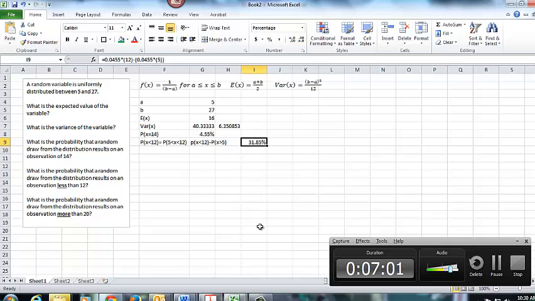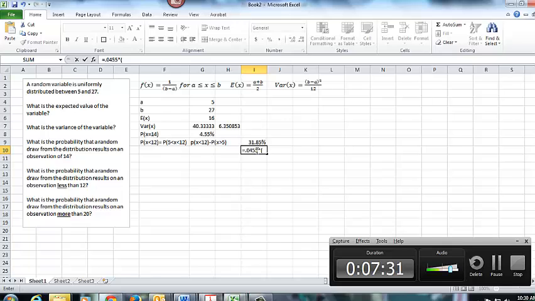Now, I did this as two separate calculations, so I started with the probability that it's going to be less than 12 and subtracted off the probability that it's going to be greater than 5. But note here that probability is the same, so I could just factor out that probability, that 0.0455, and multiply that times the difference between the upper and lower bounds that I have.